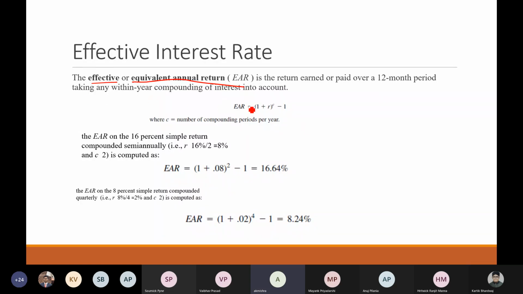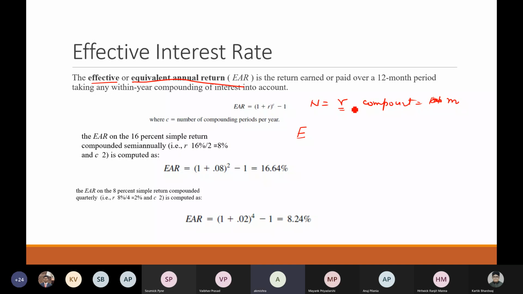So basically, if your nominal interest rate is, let's say, R, and compounding is happening m times in a year.